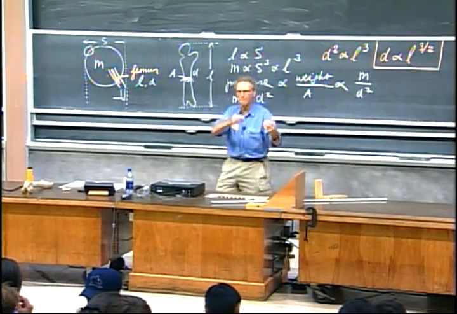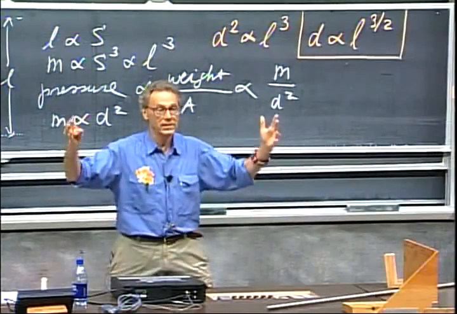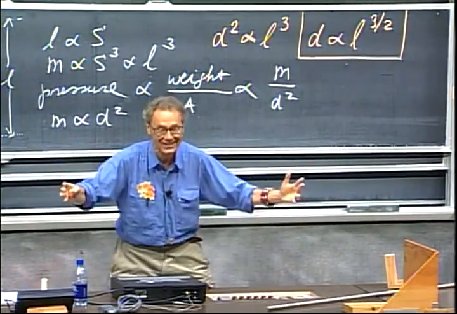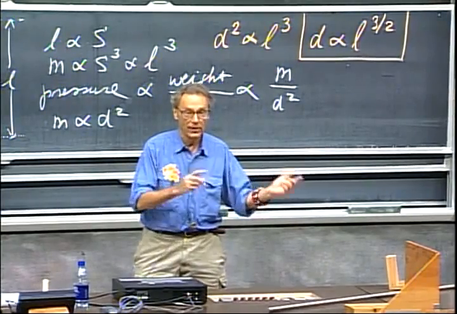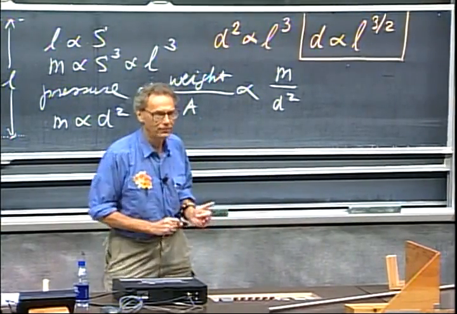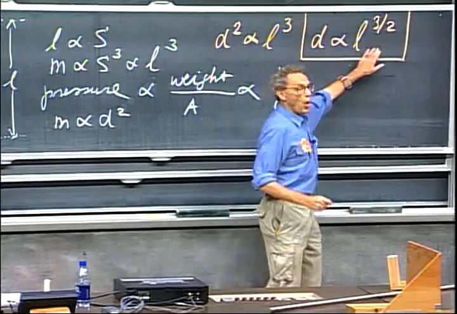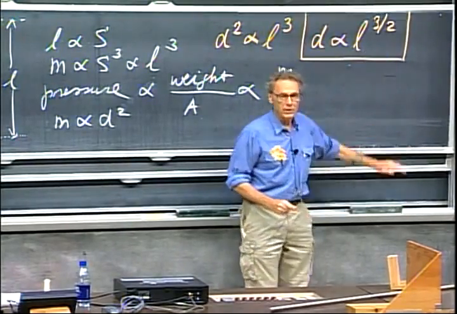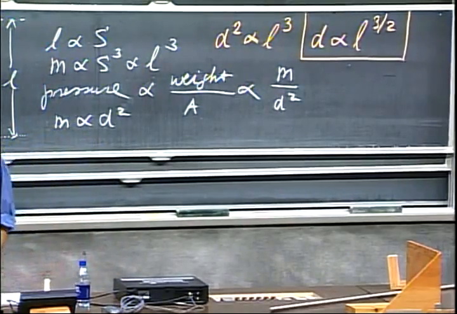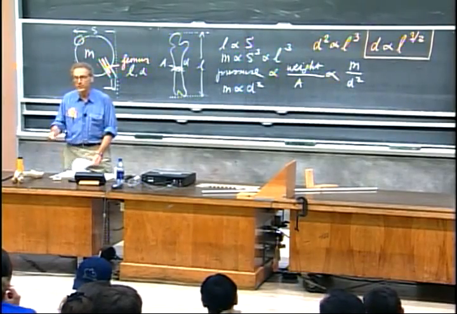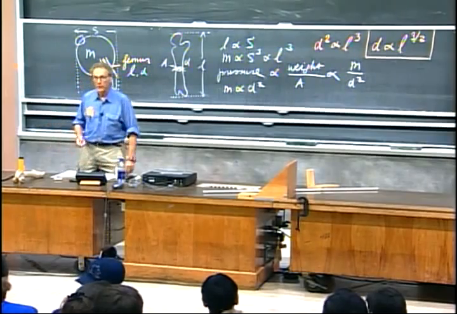If I were to compare a mouse with an elephant, which is about 100 times larger in size, the length of the femur of the elephant would be 100 times larger than that of a mouse. But the thickness of the femur would have to be 1,000 times larger.